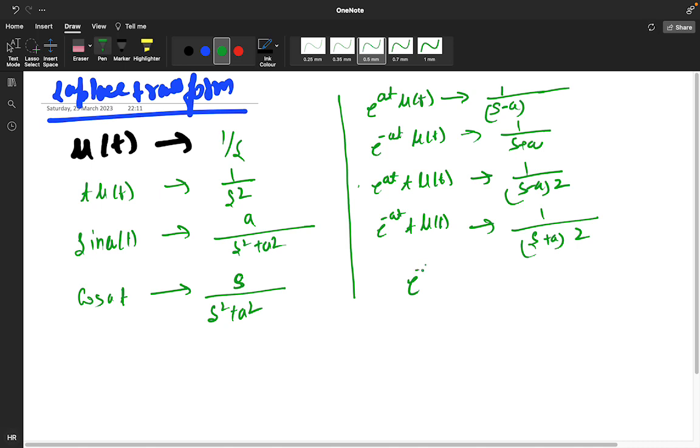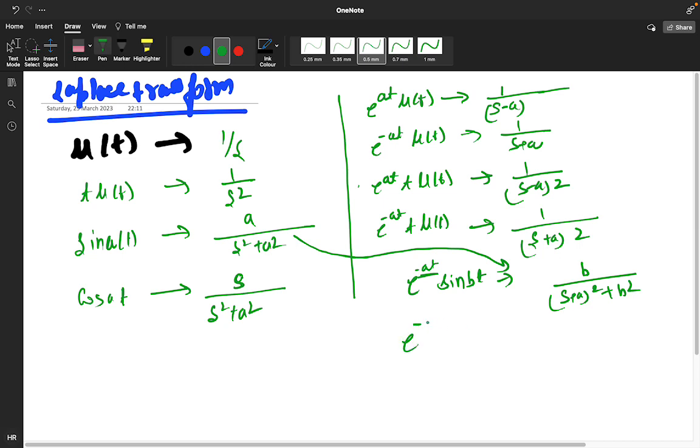E power minus at sin bt, I am writing bt here, so it will be b divided by, original function is like this. So b divided by s square plus b square should come, but here delay is there, that's why (s plus a) the whole square plus b square is coming. Same thing, e power minus at cos bt.